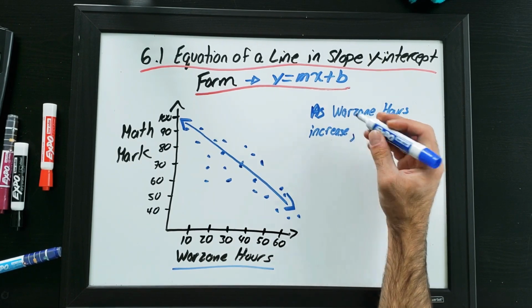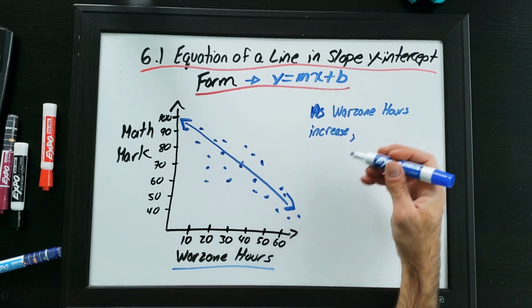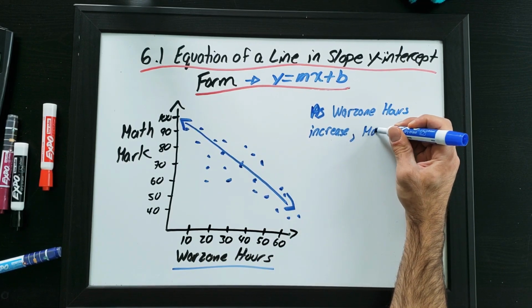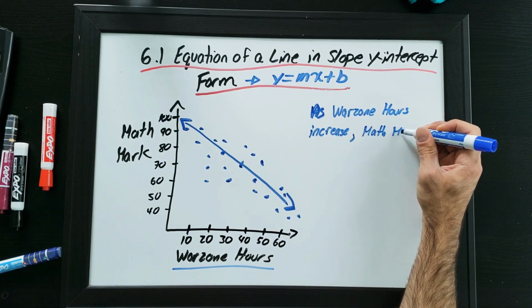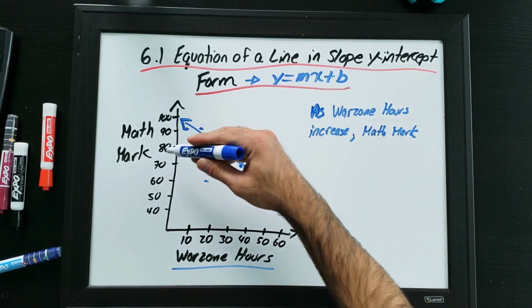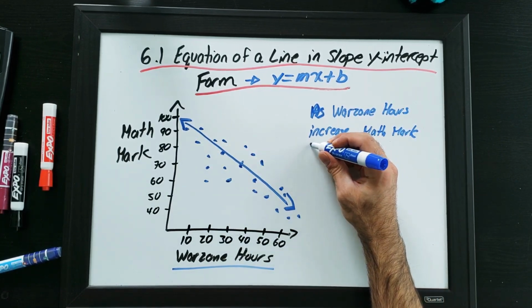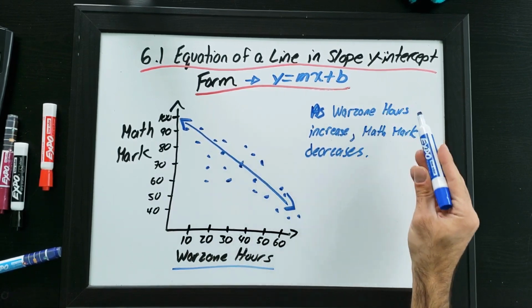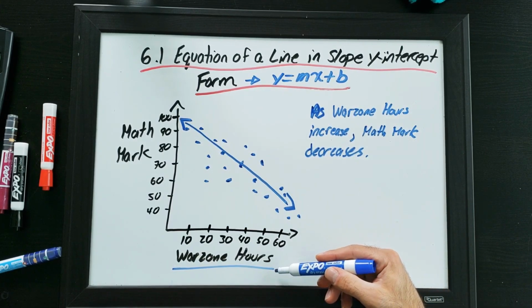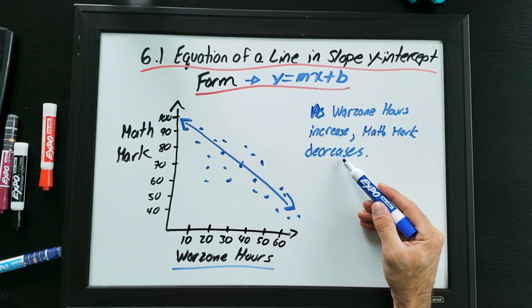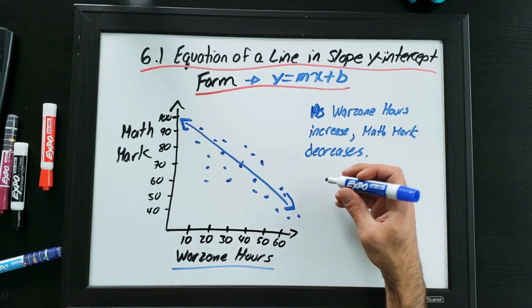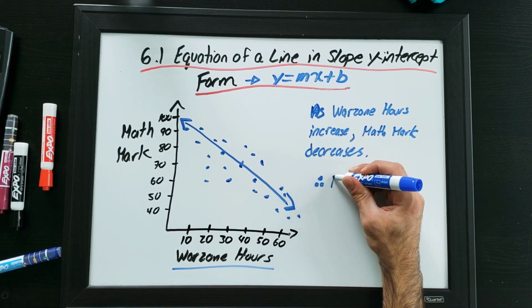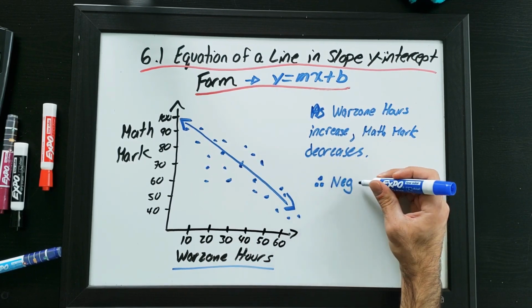So I go, as Warzone hours increase, math mark, what's happening? Well, it's decreasing. So as Warzone hours increase, math mark decreases. If the second word here is decreases, you have negative correlation. Therefore, negative relationship, negative correlation.